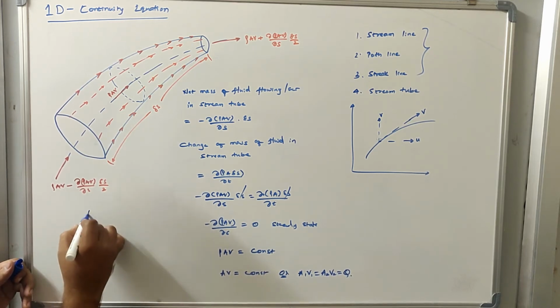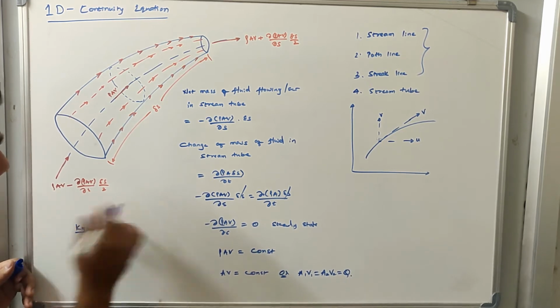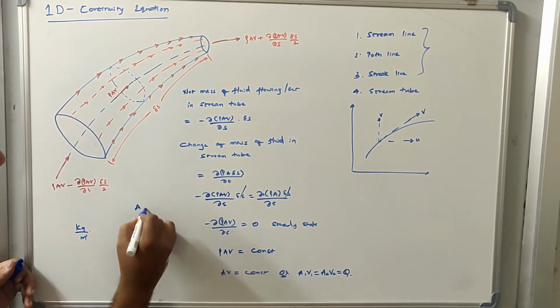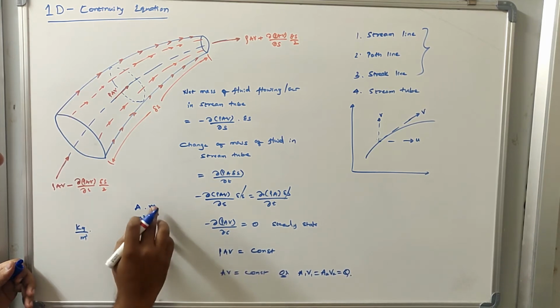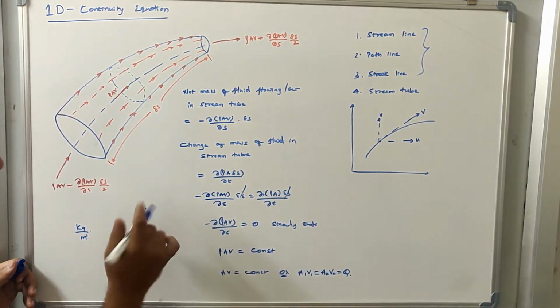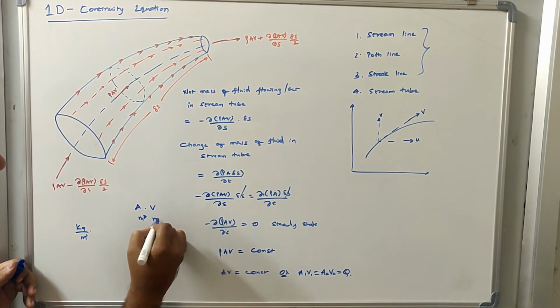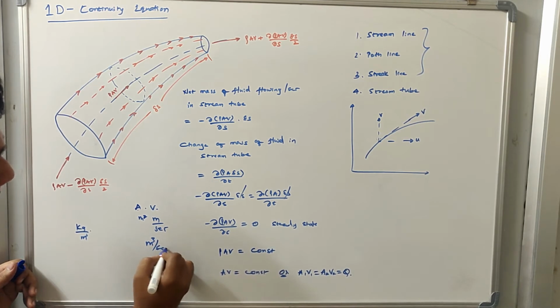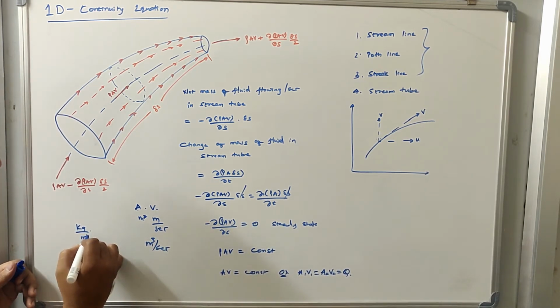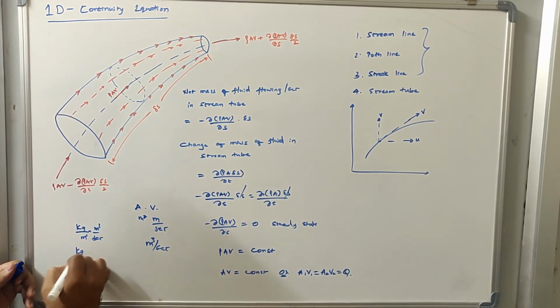Area is represented by meter square and velocity is represented by meter per second. Now if I multiply area with velocity, it will give me meter cube per second. This meter cube per second is being multiplied by kg per meter cube. So what is left over? It will be left with kg per second.